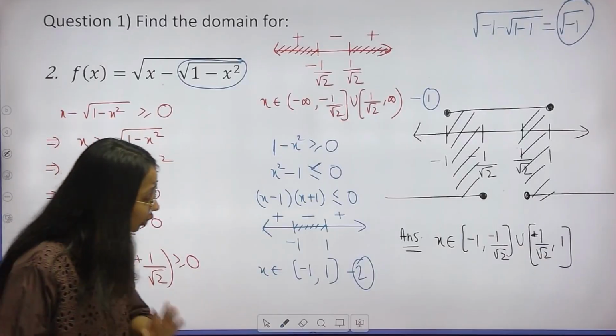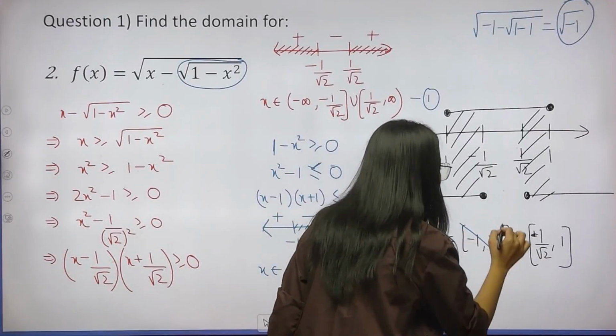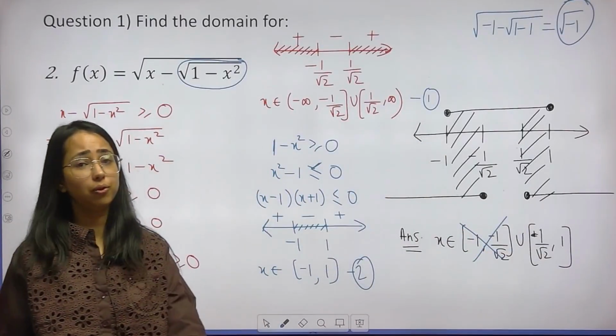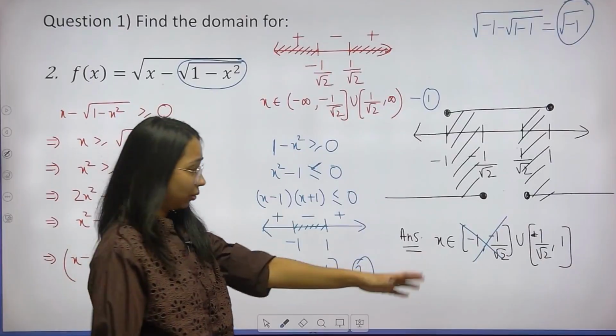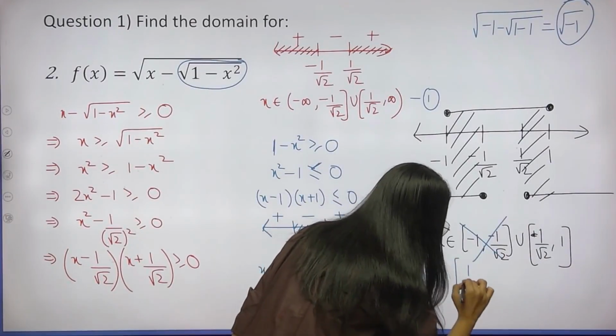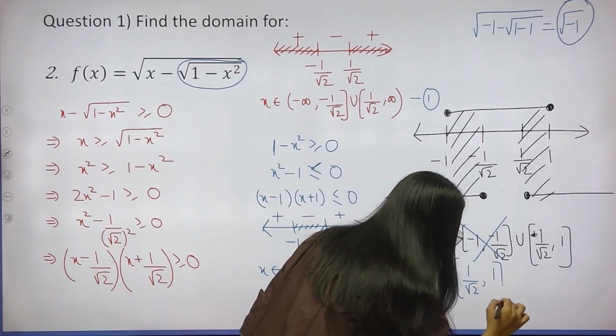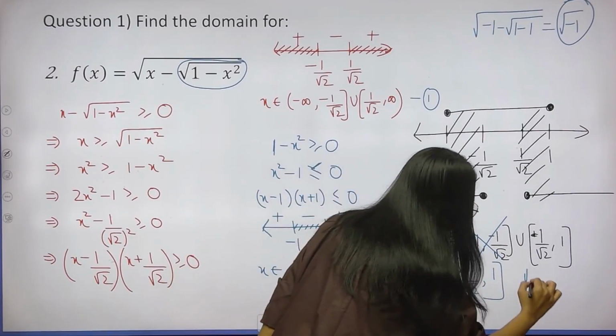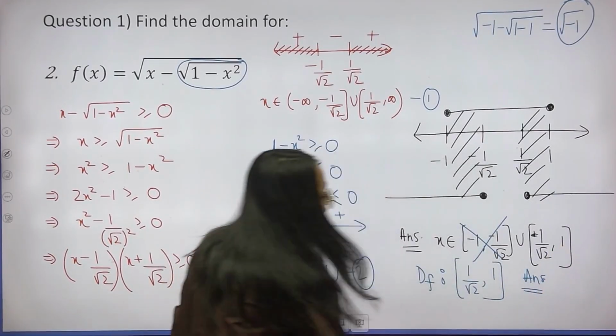So we need to ignore all the negative values from this particular domain. Okay, so your final answer becomes 1 over root 2 till 1. So this is your final answer.